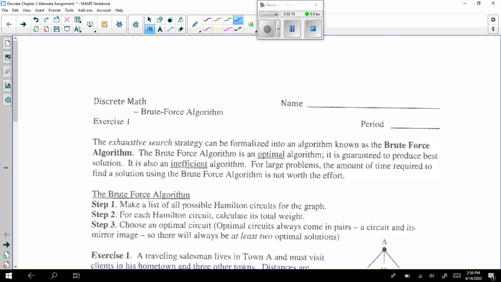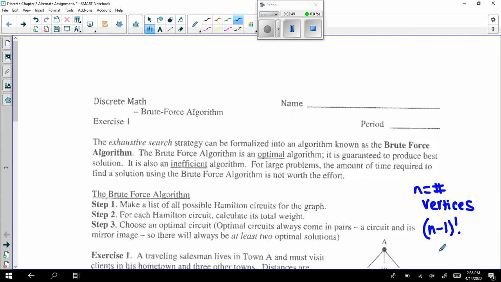So the first thing you want to do is make a list of all the possible Hamiltonian circuits for the graph. And in order to know the number of them, you take n is equal to the number of vertices in the graph. And so our possible number of Hamiltonian circuits is (n minus 1) factorial.